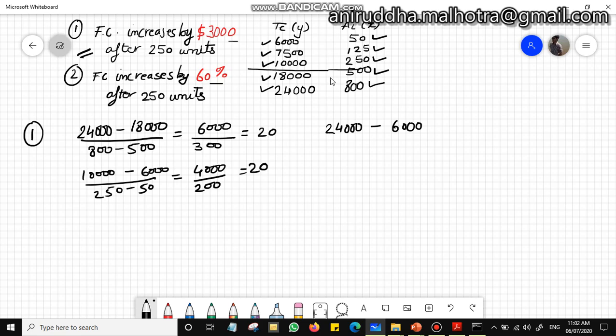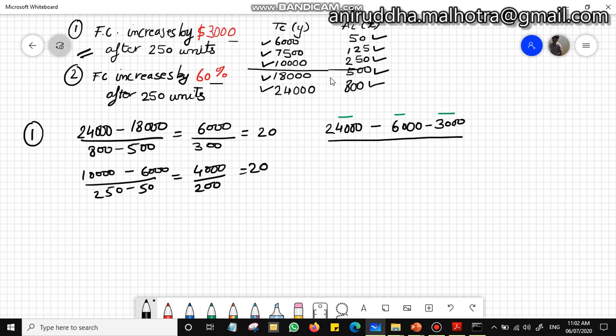But now remember, we are considering two activity levels here where the fixed cost isn't the same. In this case, 24,000 has an additional fixed cost of 3,000, whereas the 6,000 doesn't have that cost. So what we do is we get rid of the additional fixed cost. And hence, the formula has slightly changed now. Now we have your cost at highest activity level minus cost at lowest activity level minus the additional fixed cost.